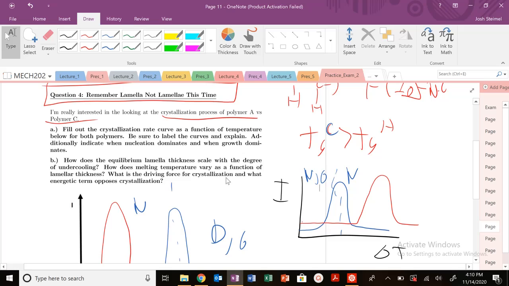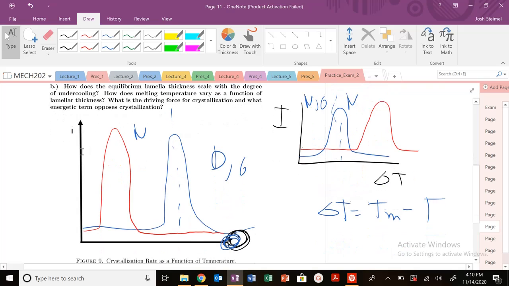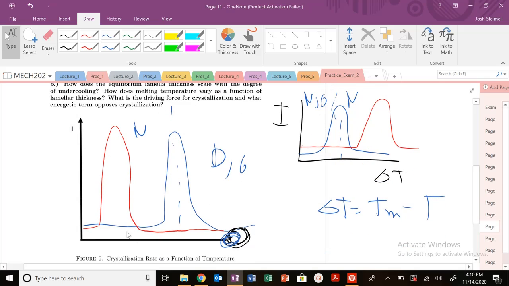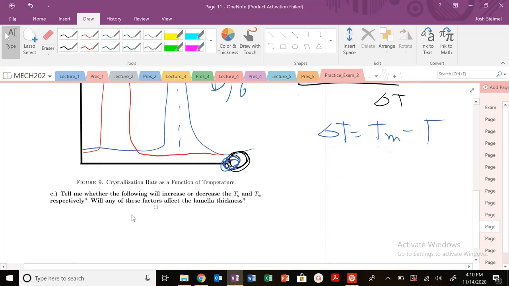Excellent. So how does the equilibrium lamellar thickness scale with the degree of undercooling? Again, the degree of undercooling in your system, not necessarily the critical undercooling. From our expressions and notes, L is going to be proportional to 1 over delta T. As I increase my undercooling, delta T, this critical lamellar thickness, L star, will start to decrease.